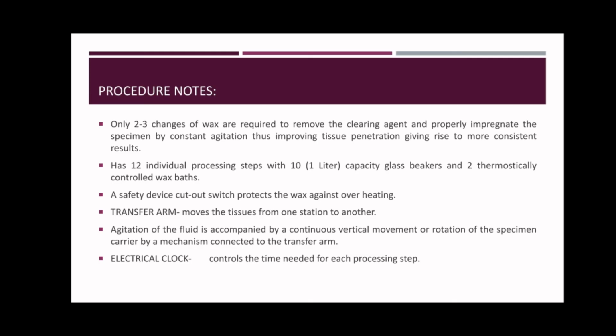This Autotechnicon class has 12 individual processing steps, so there are 12 containers, with 10 1-liter capacity glass beakers and 2 thermostatically controlled wax baths that is used for paraffin wax impregnation. It also has a safety device cutout switch which protects the wax against overheating.